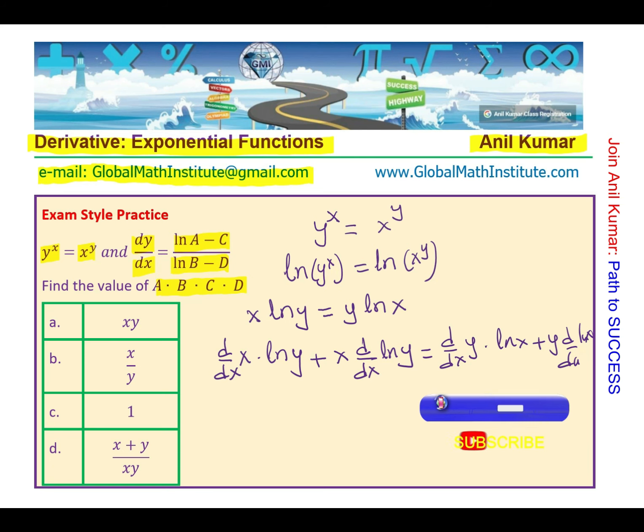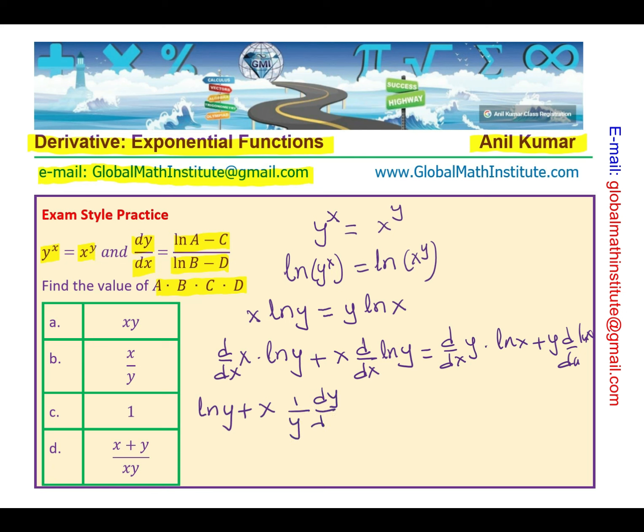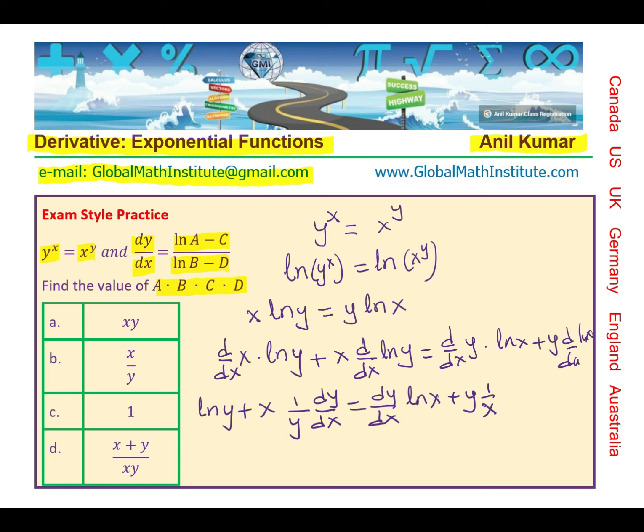Correct. Derivative of x is 1, so we can write this as ln y plus x times the derivative of ln y, which is 1 over y dy/dx, implicit differentiation, correct? The derivative of y is dy/dx, times ln x, plus y times the derivative of ln x, which is 1 over x.